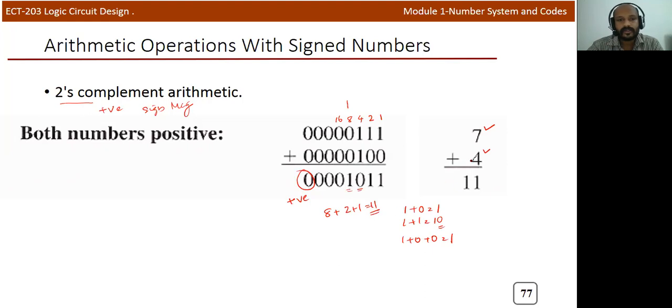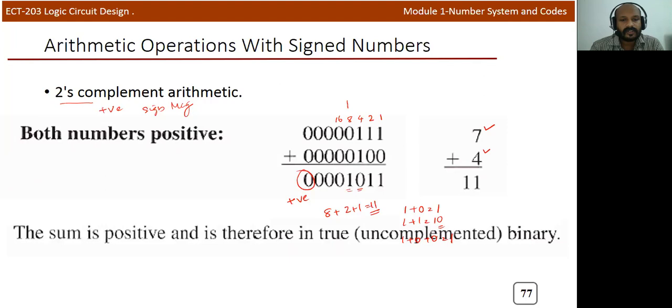So this particular example gives you an idea about how we perform two's complement arithmetic when both numbers are positive. The sum is positive and is in the true uncomplemented form because it's the same as sign magnitude representation.